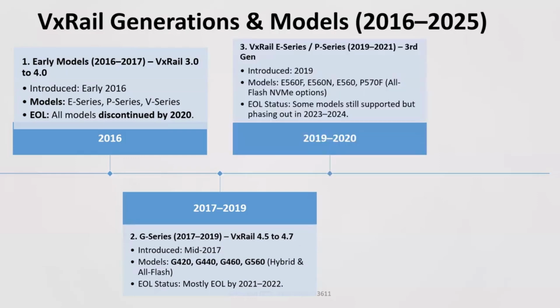Then the third generation started from 2019, and there we have the model called E560. When I talk about the models, it's not only E series and G series. Initially they introduced E series, P series, V series. In 2017 they introduced one more model called G series, but that doesn't mean the earlier models were dropped. They are still there.